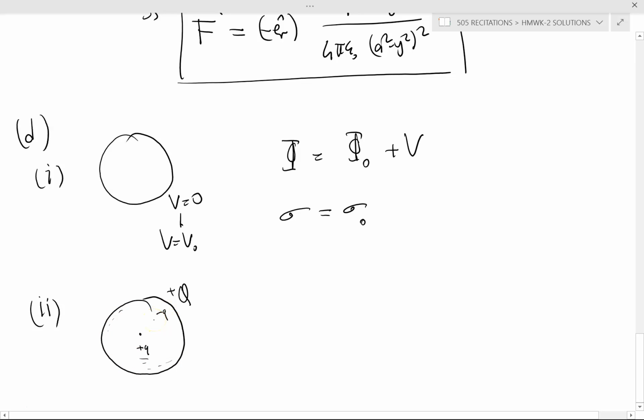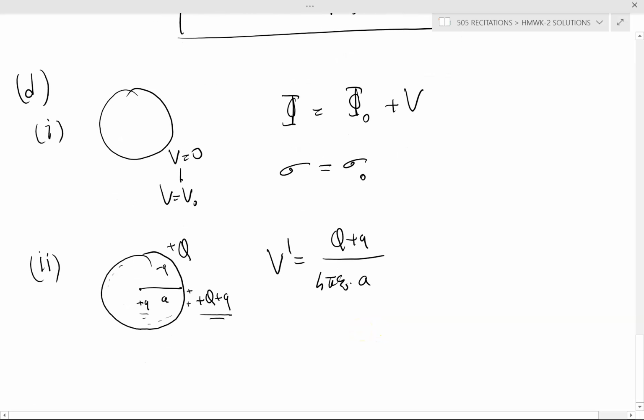Hence, since the total charge on the sphere is plus Q, at the outer side I expect to see a plus Q plus small q charge. Okay. Hence, this shall be the potential of the surface. In this case, V prime is equal to Q plus q divided by 4 pi epsilon 0, and the distance is the radius A, as this is the new A now, as the shift in the potential with respect to phi 0 will now be this much, this V prime.